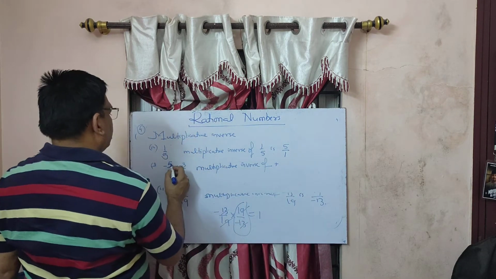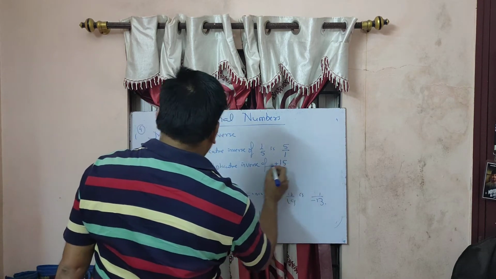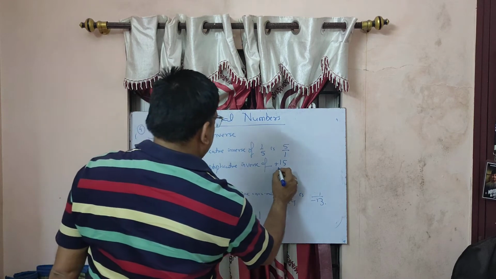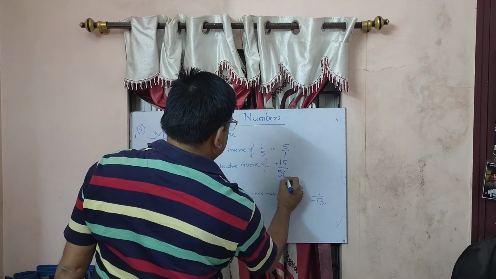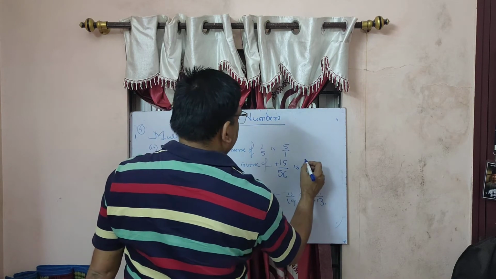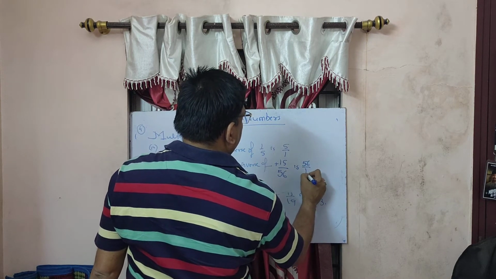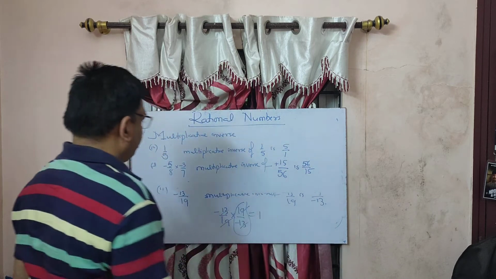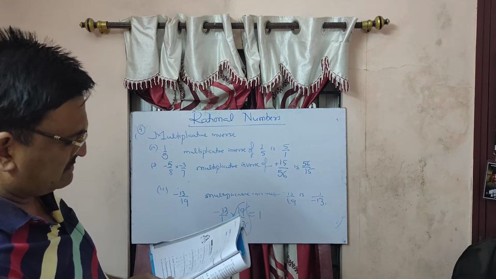Plus. 5 3s are 15, 8 7s are 56. The multiplicative inverse is just the reverse of it, that is 56 upon 15.